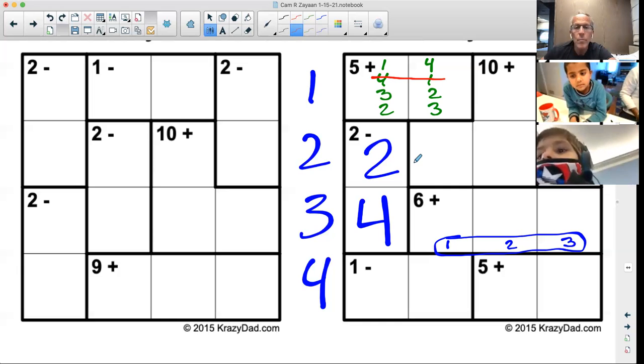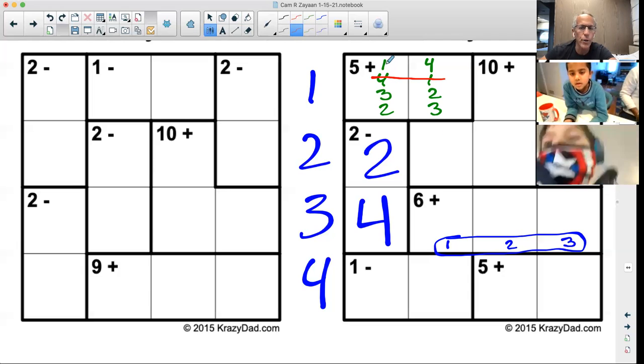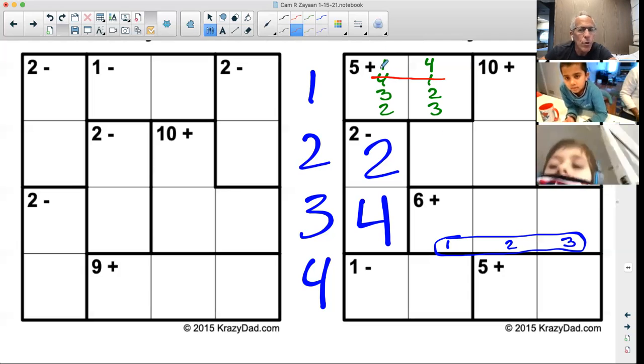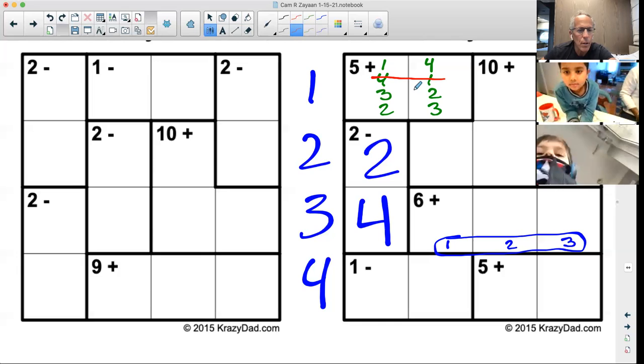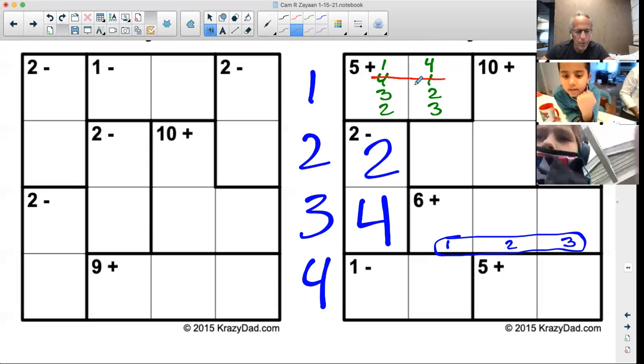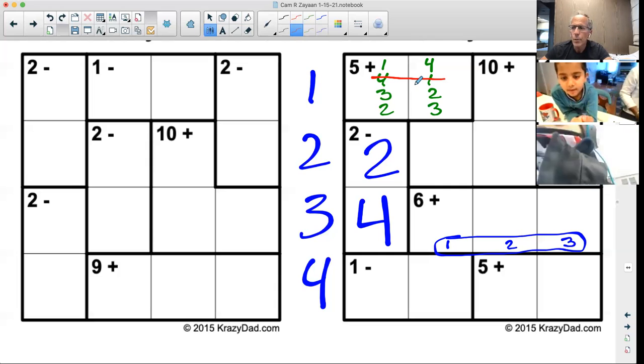We gotta take away the 1 and 4 because in the row. No, wait, why? You're allowed to have a 1 in the column here without a 4. Cam, you're allowed to have a 1 here. Mr. Cameron is right because we can put a 1 because there's not a 1 yet, but there can't be a 1 in the minus, because 1 minus 1 is not 1.